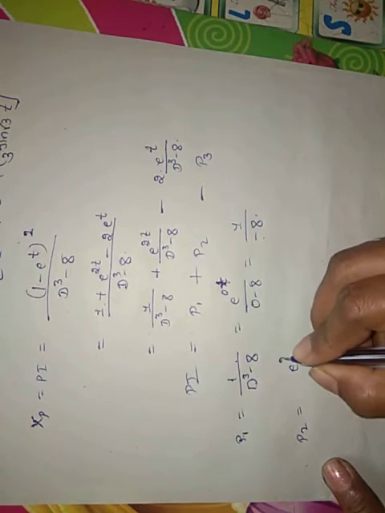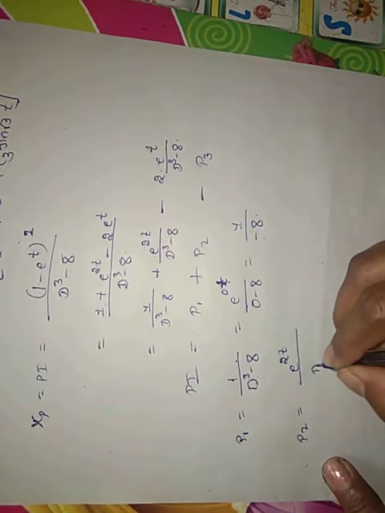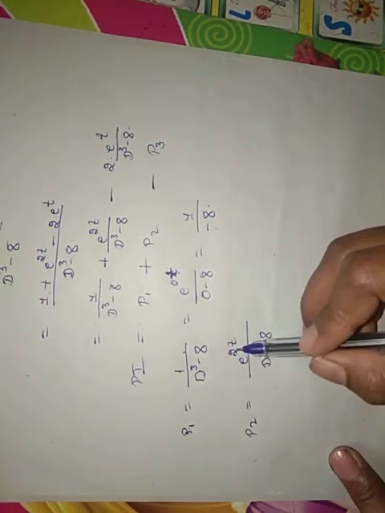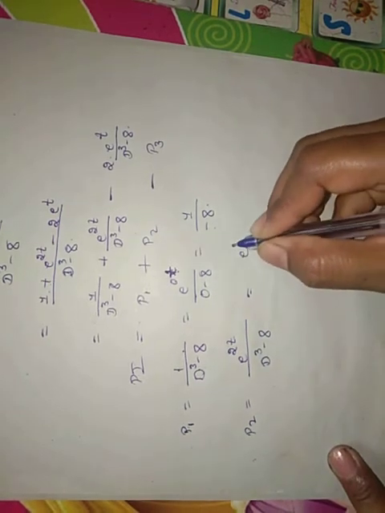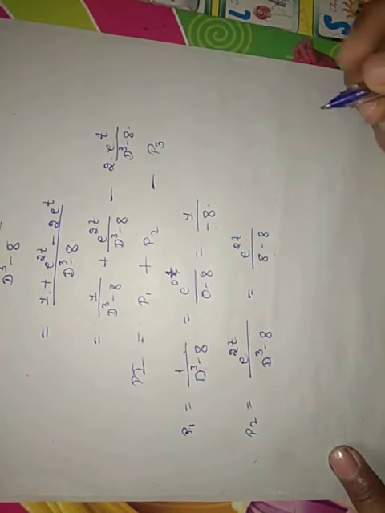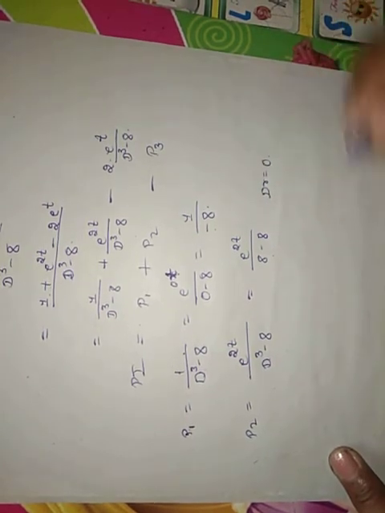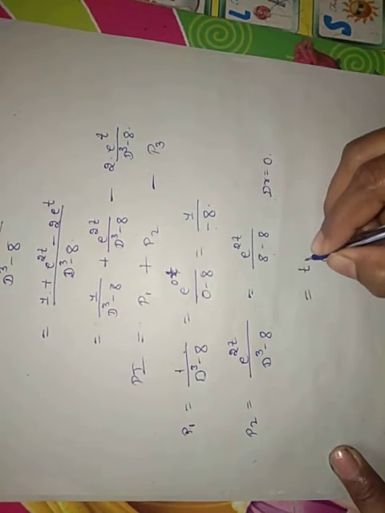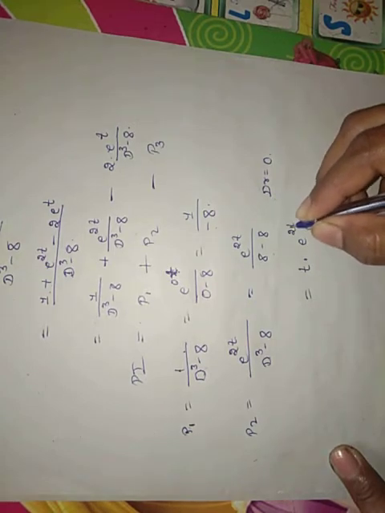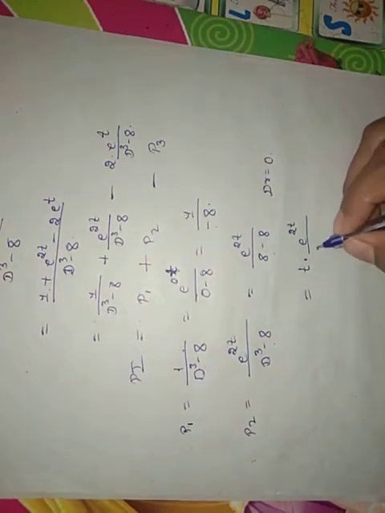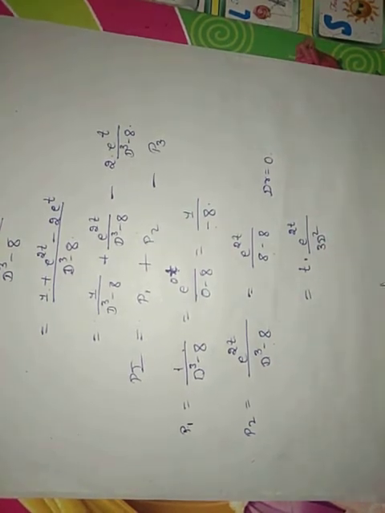P2 is equal to e raised to 2t divided by D cube minus 8. The coefficient of t is 2, so replace D by 2. 2 cube is 8, 8 minus 8 is 0. So the denominator is 0. If the denominator is 0, then the particular integral is t into e raised to 2t divided by the derivative of f of D. The derivative of D cube is 3D square, the derivative of 8 is 0.